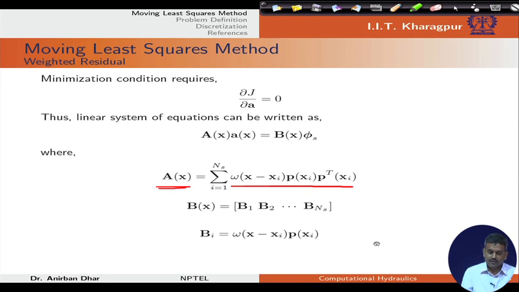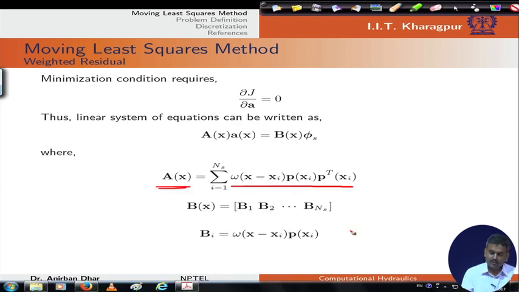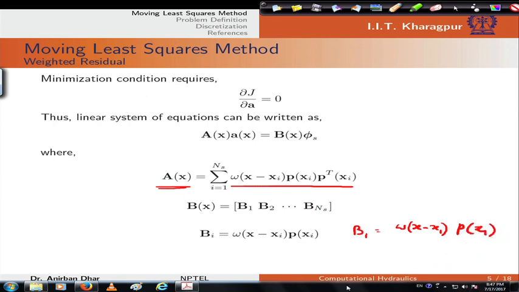For one particular B, that means B1, this is first point x minus x1 p x1, like that, but p is again a vector in this case.